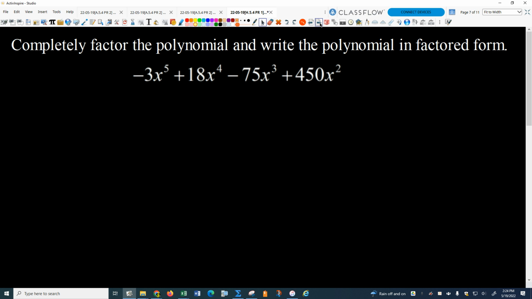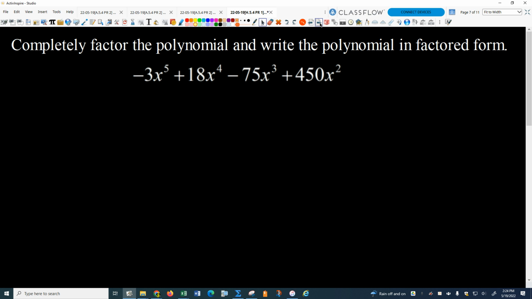What should I do first here? I got 4 terms. Do I just jump into grouping? I could, but it's going to make more work for myself if I do. What do you always want to try to do first? Factor out a greatest common factor. Yeah, is there anything we could undistribute? We could undistribute a 3 and an x squared.